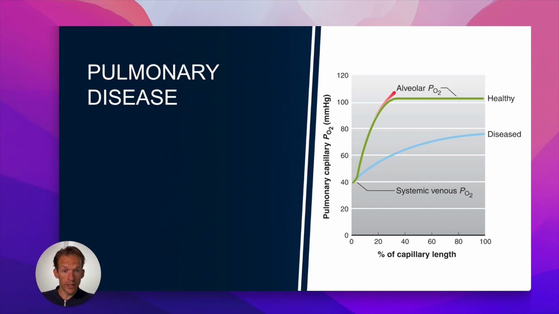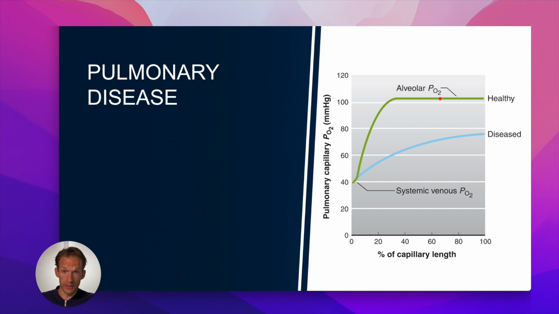If we look at the green line first, then you can see that basically after roughly 30% of the capillary length, so the blood passing along the alveoli, already after 30% of that length, maximum PO2 is reached, and any further flow of blood is not really increasing that at all. So this shows again that in a normal situation, diffusion is never going to be a limiting factor because you have an overcapacity.